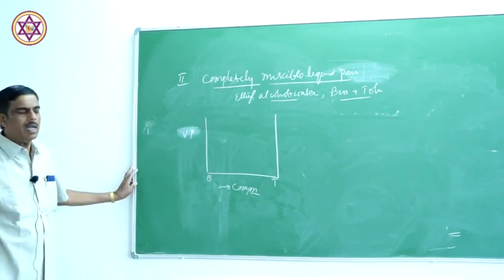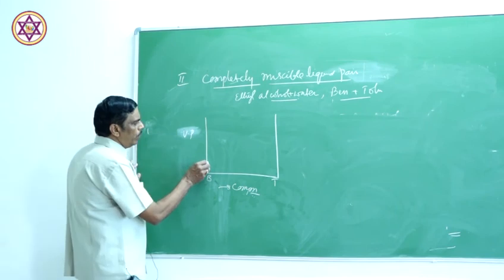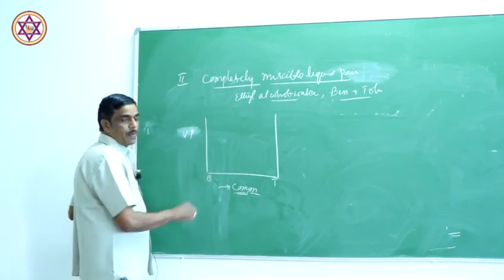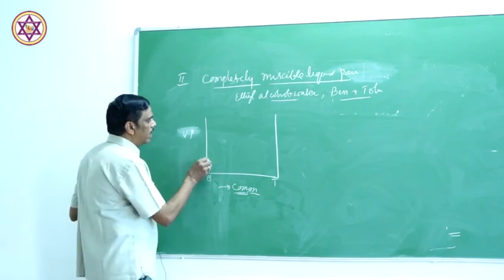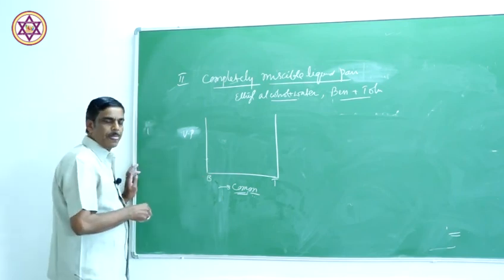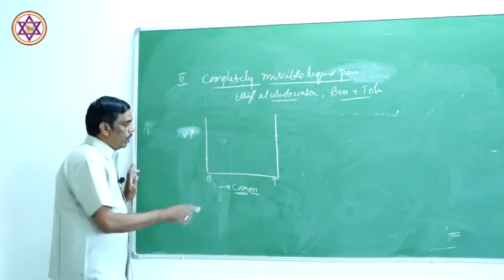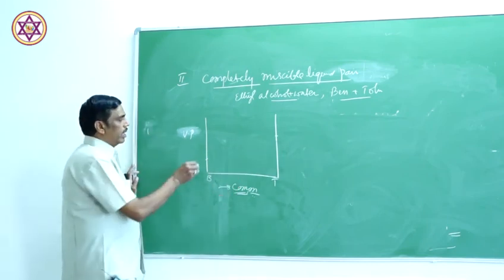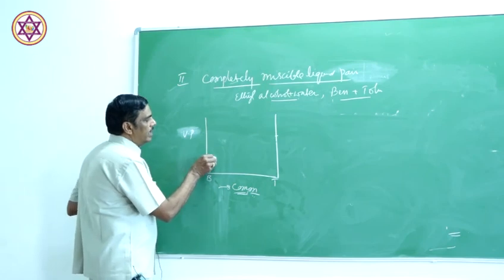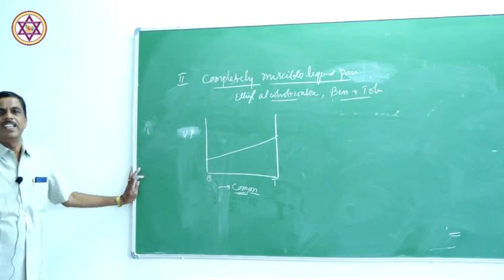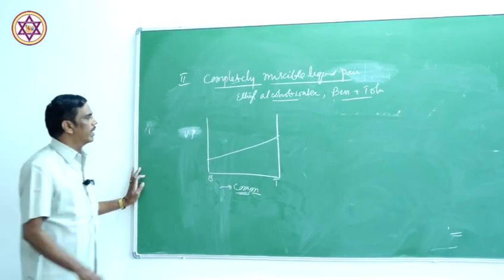Toluene has got higher vapor pressure. So if you go on changing the composition, 100% benzene has got this vapor pressure, 100% toluene has got this vapor pressure. When you go on increasing the composition, vapor pressure goes on increasing and you will get a straight line. This is ideality, ideal behavior.